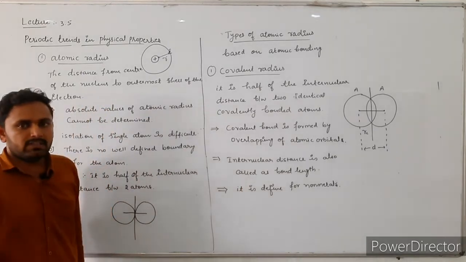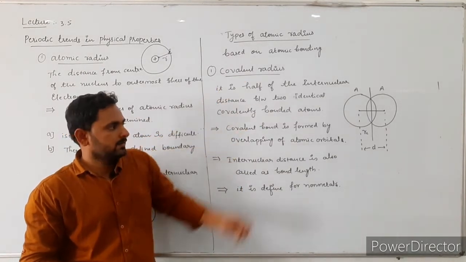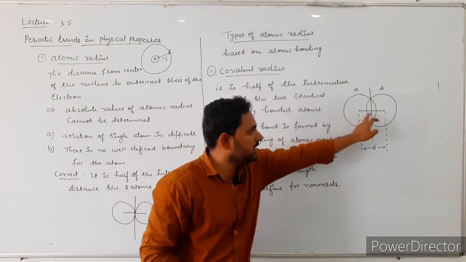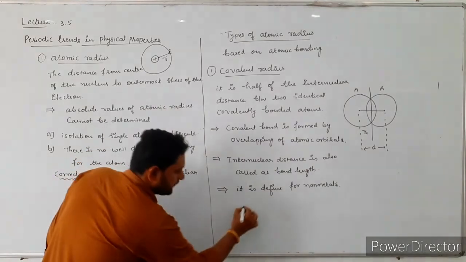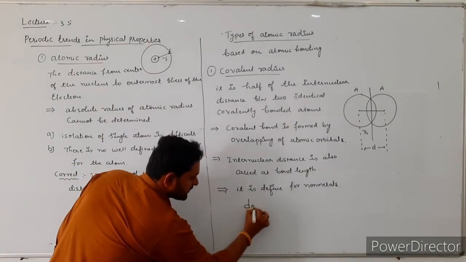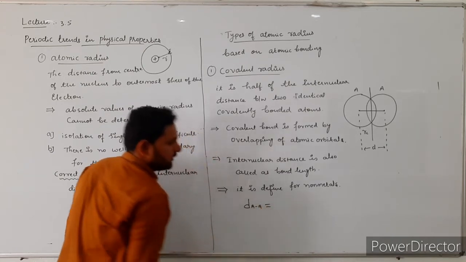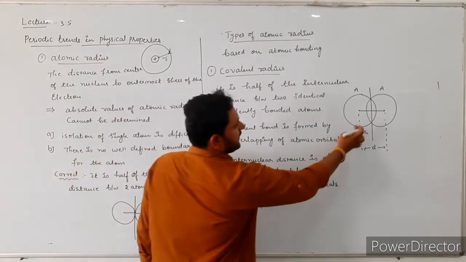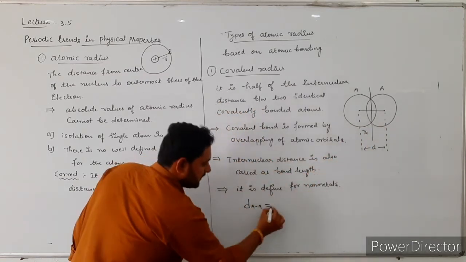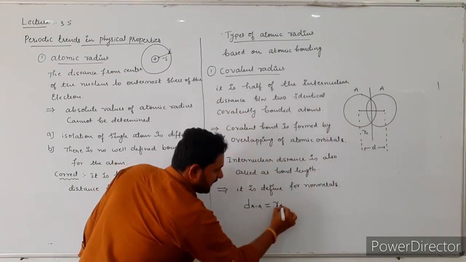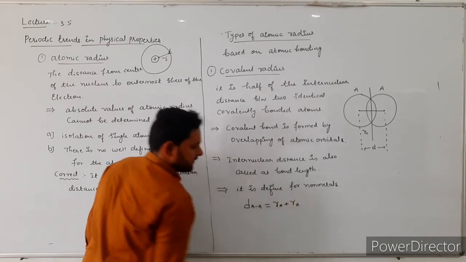Now, what is the mathematical expression for covalent radius? The internuclear distance between two identical atoms is equal to the sum of the atomic radius of this atom and the atomic radius of another A atom.